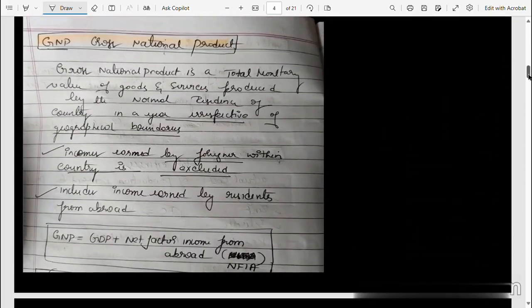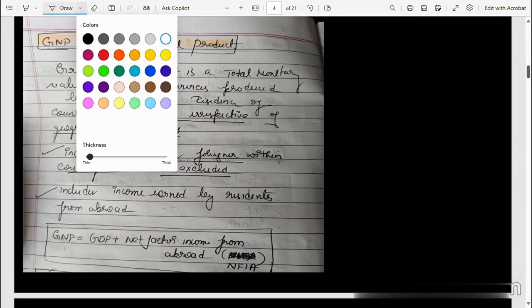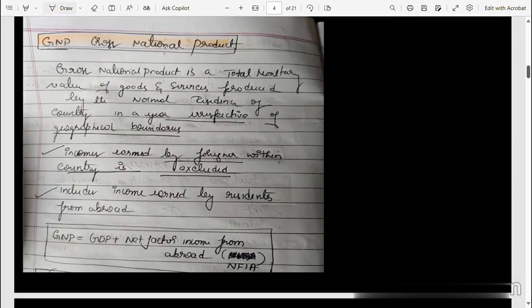Now there is another term that is called the GNP. What is GNP? It stands for gross national product. The gross national product is the total monetary value of goods and services produced by the normal residents of a country in a year.